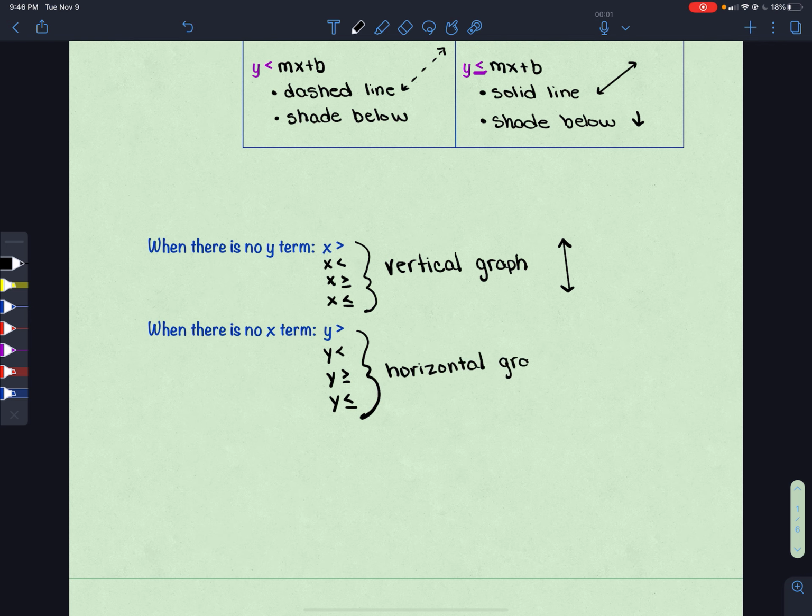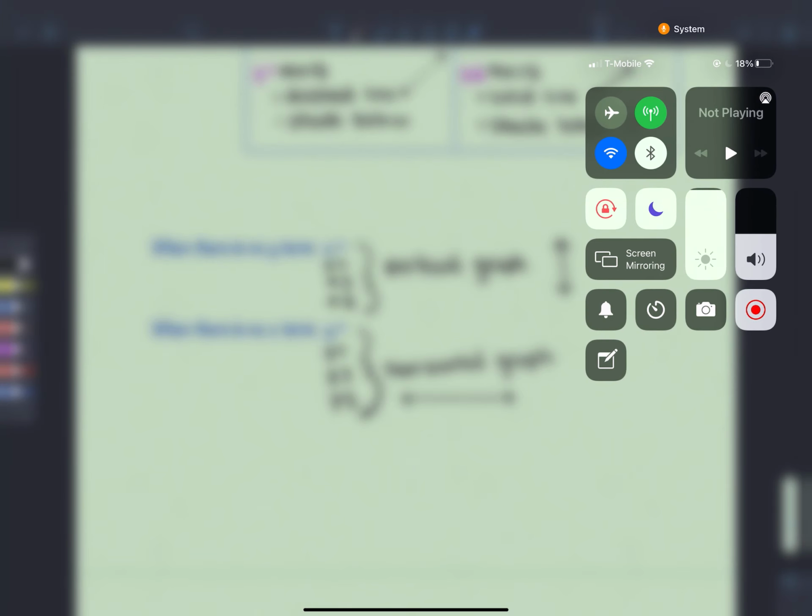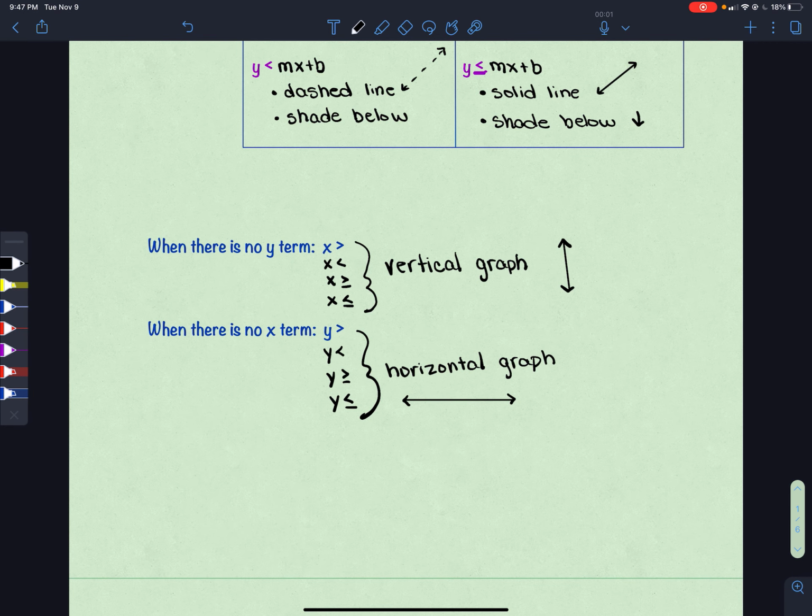And this one here will not ever cross the x-axis, and it will only cross the y-axis. Okay? All right, so let's go ahead and jump into today's notes.